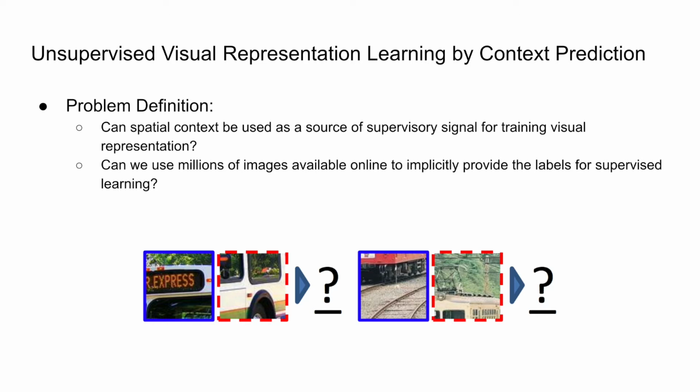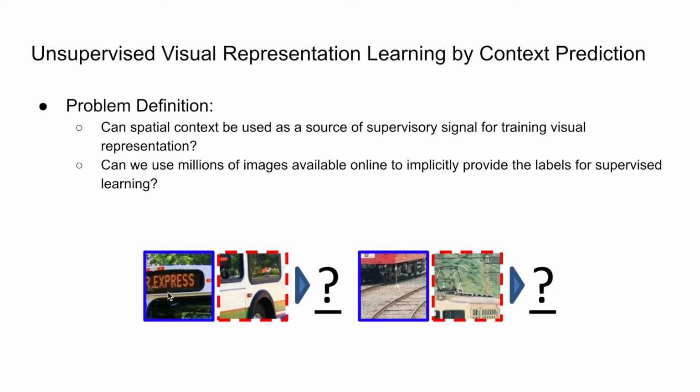The problem this solves is, as we said before, there are a lot of images available without labels. So, without any supervision, if we can get the context of an image, we can learn a lot of labels automatically. If we take a look at the first example, we can see a bus.